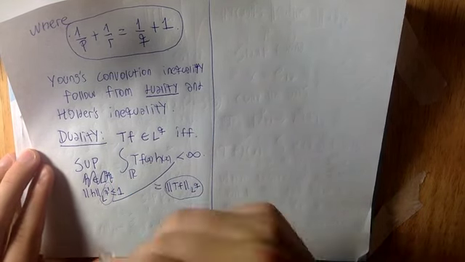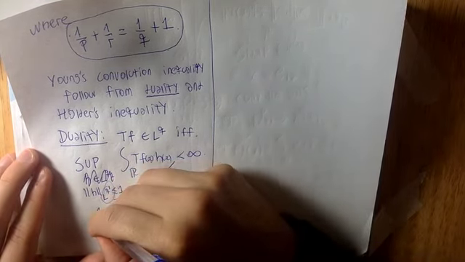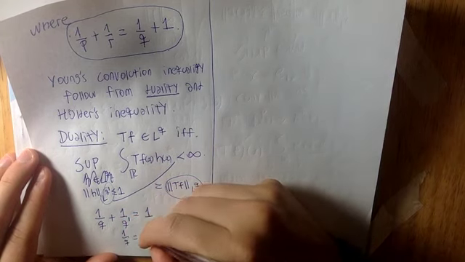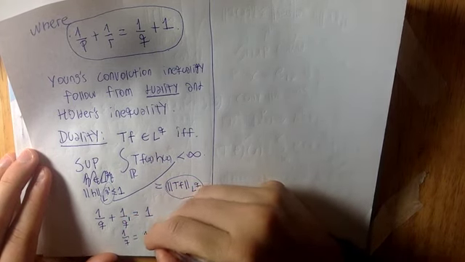In this case, 1 over q plus 1 over q prime has to be equal to 1. So in particular, 1 over q is equal to 1 minus 1 over q prime.